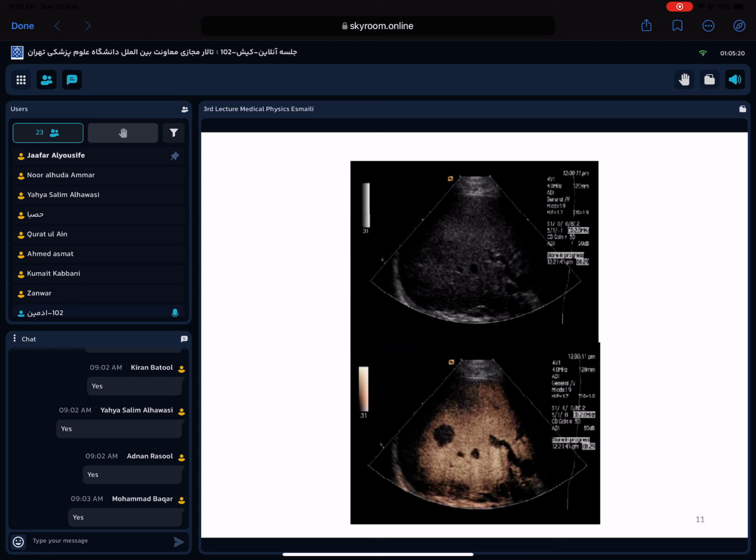As I showed in this slide, the upper image is a normal ultrasound without any dye or without any color or without any drug, and the lower image shows the same ultrasound of the liver, but using a contrast.